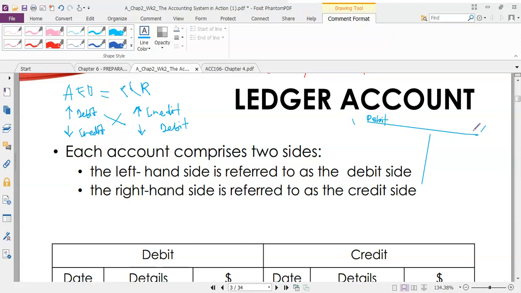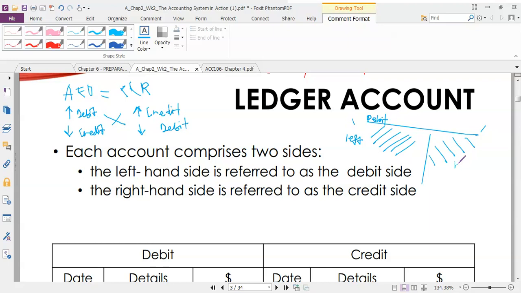So dekat T account, sebelah mana ni? On the left side, kita akan letak dia adalah debit, debit column.